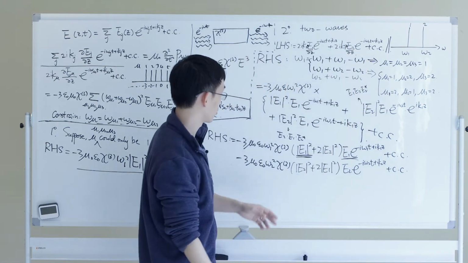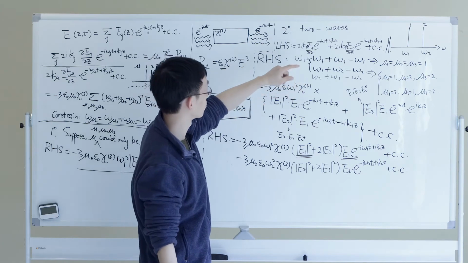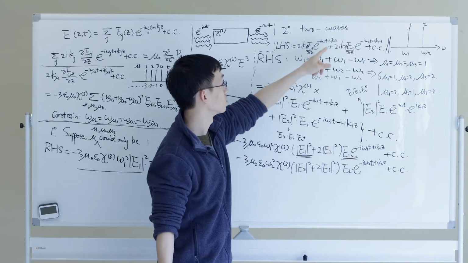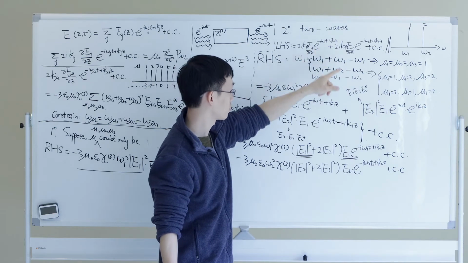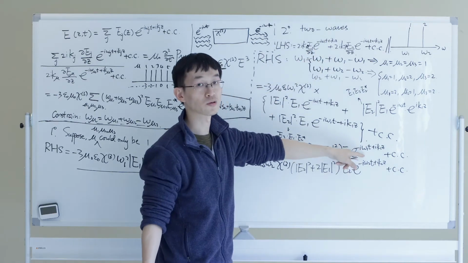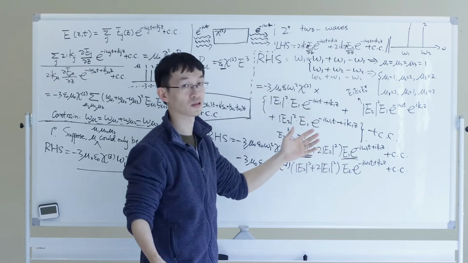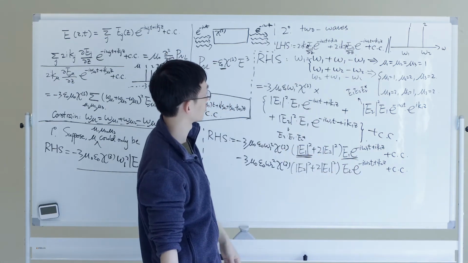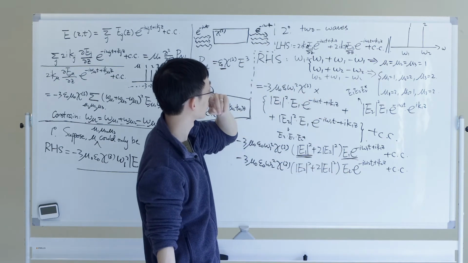When you're solving this equation, you know that for each frequency component, you solve the left-hand side and the right-hand side of the same frequency component. If they belong to different frequency components, then the average is actually 0, so you don't have to consider that.